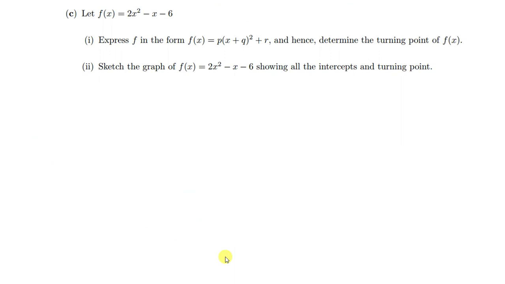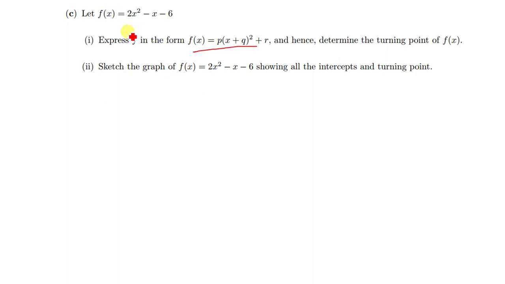So the next question says: let f of x be equal to 2x squared minus x minus 6. The first part is telling us to express f in the form a(x minus h) squared plus k, and hence determine the turning point.